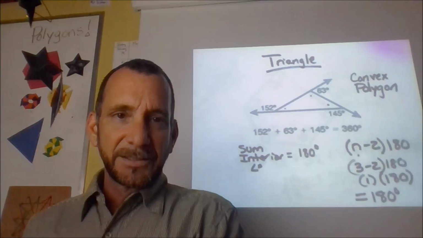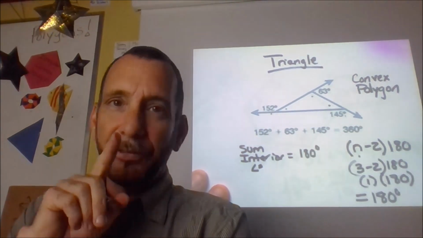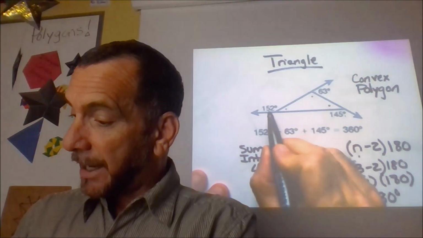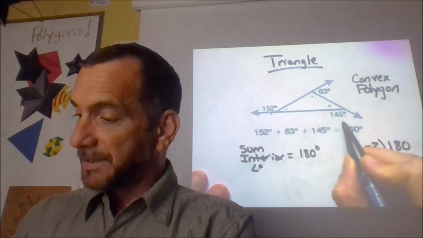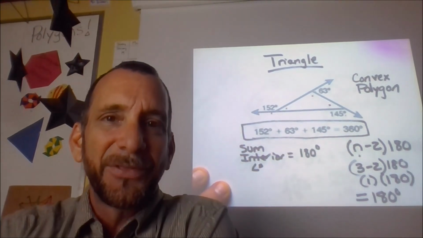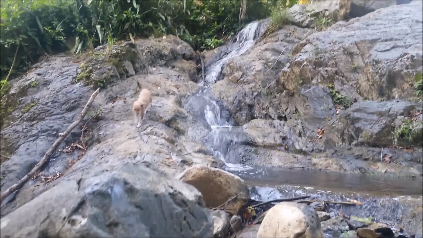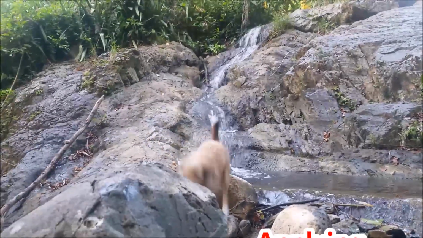Look at that. That's what we did here. One angle, one angle, one angle. It's a triangle, three sides, three exterior angles. 152 plus 63 plus 45. They did the math for you. It's 360 degrees.